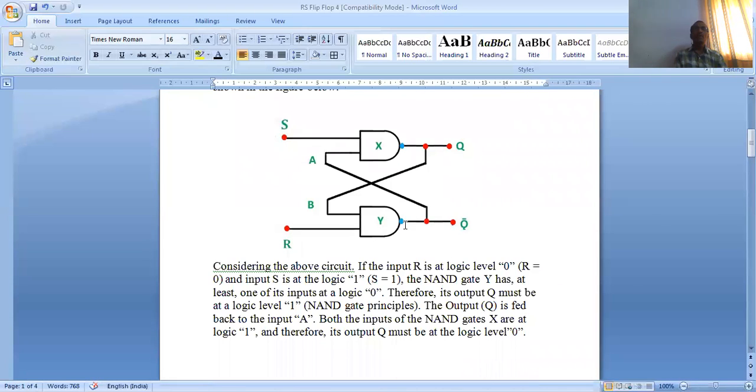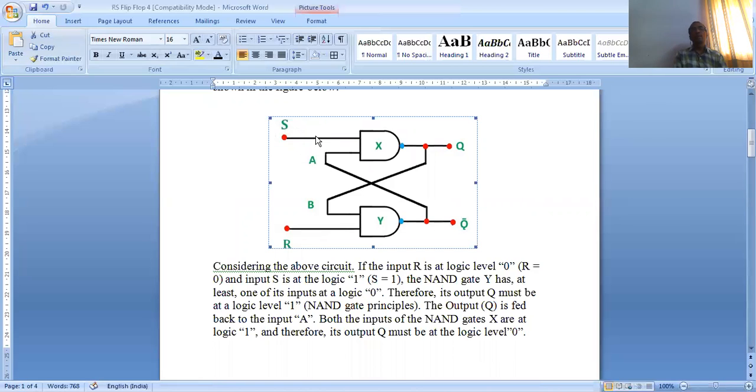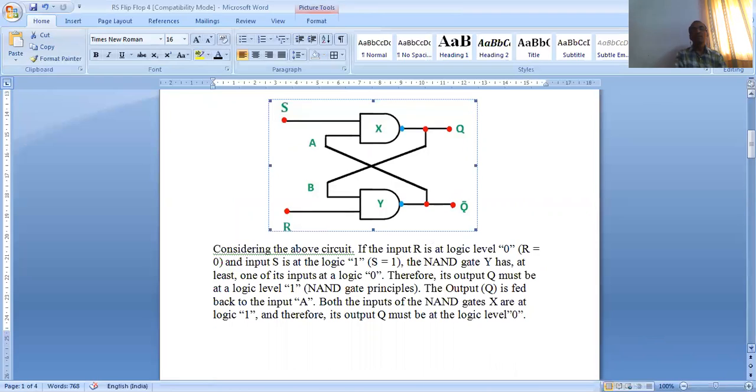Therefore, the output of this lower NAND gate is at 1. Sorry, 0. Same thing. If S equal to 1 and this 1 comes here, see here, second state.